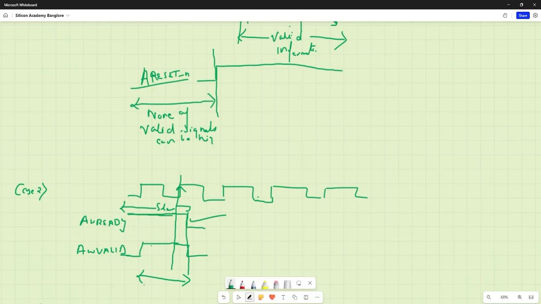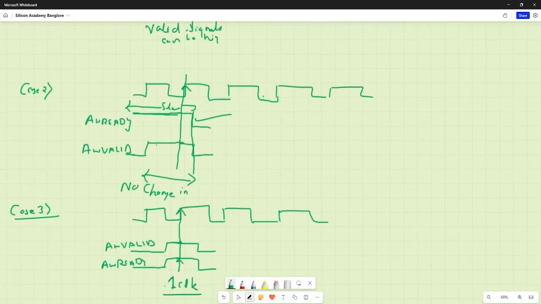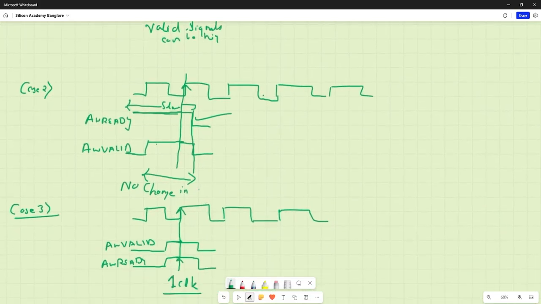Okay, so there cannot be a change in the AW channel information. You cannot change the information within this period of time until and unless AW ready is asserted.